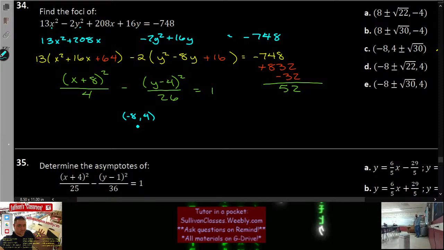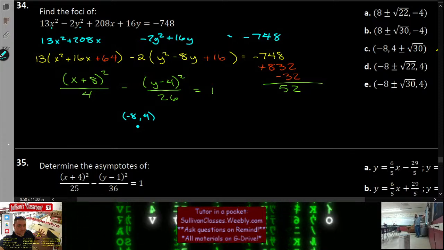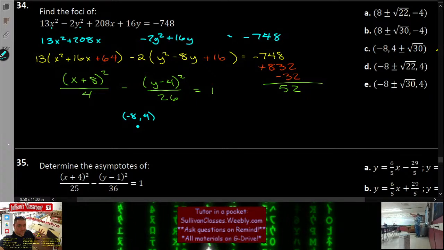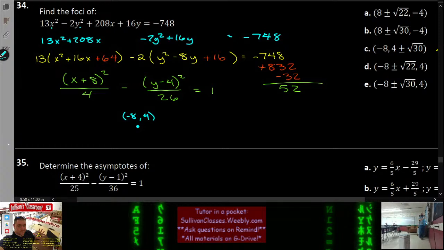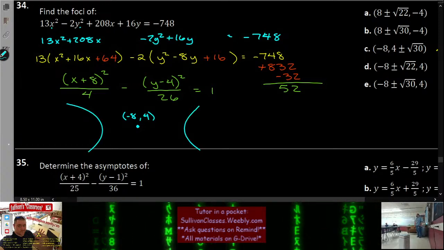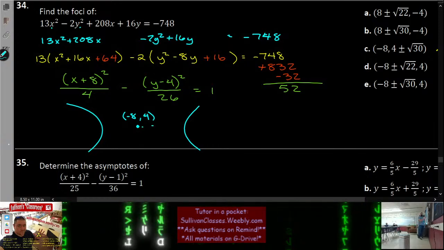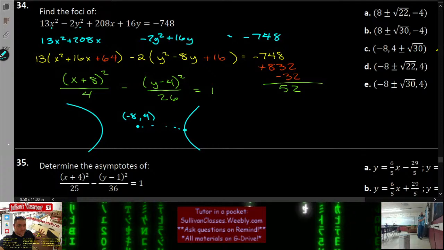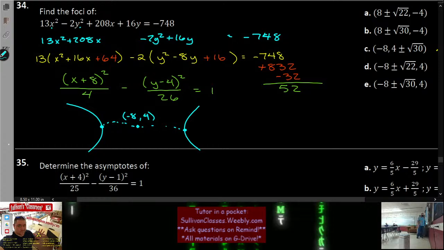Because my x unit is squared and positive, it's going to open horizontally out along the x-axis. So it's going to look like this. We go 4 in this direction for a vertex, and 2 in that direction, and 2 in that direction for a vertex.